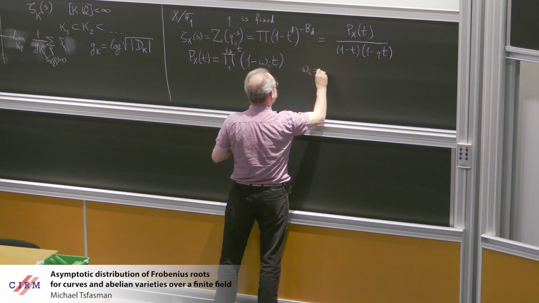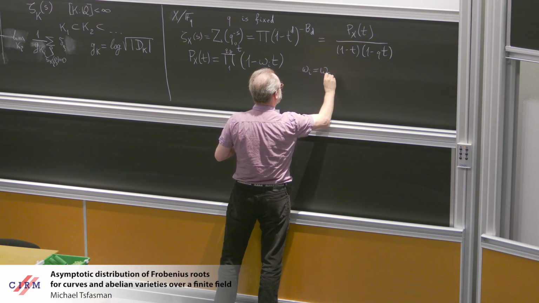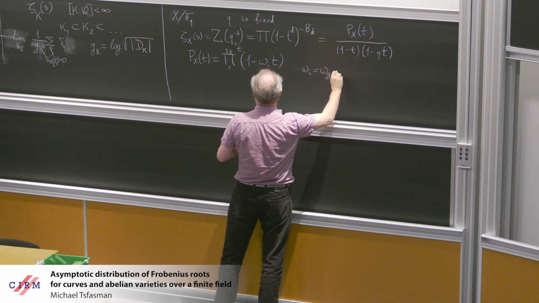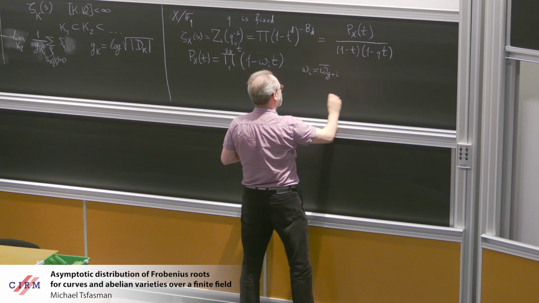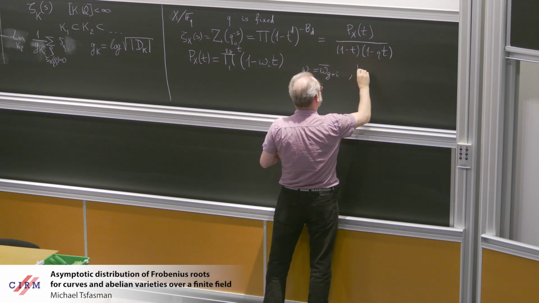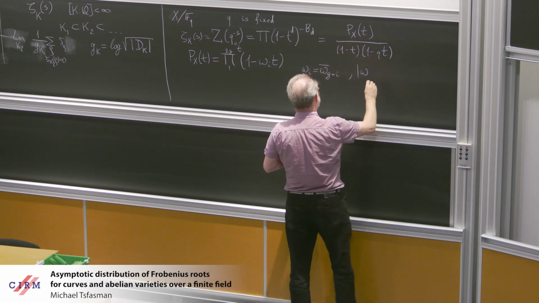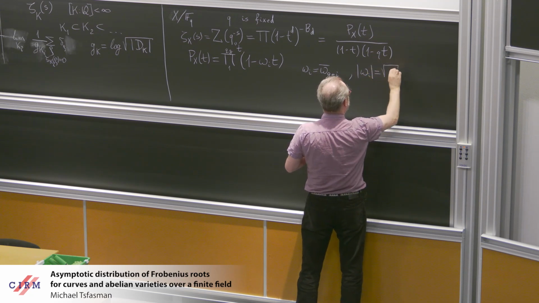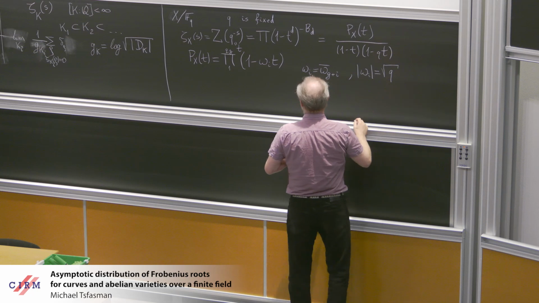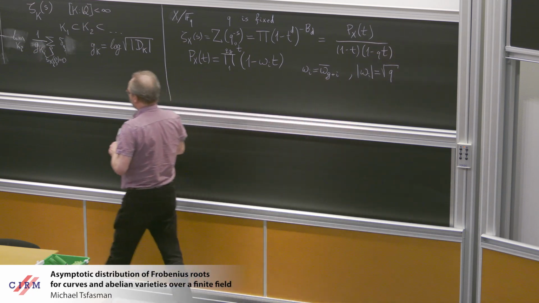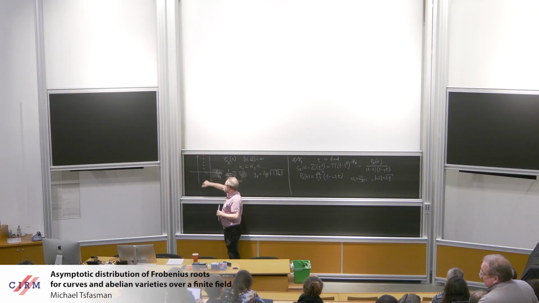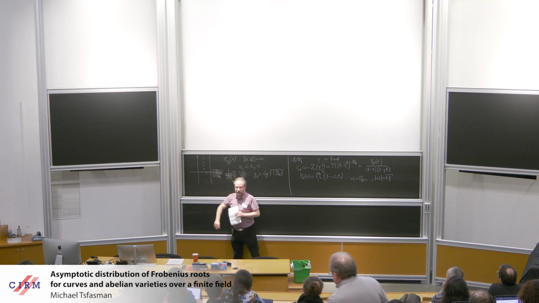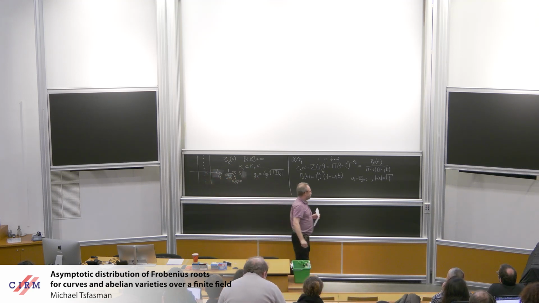I can write it like this, omega_{g+i} equals omega_i bar, and the Riemann hypothesis, which is proved in this case, tells us that the absolute value is square root of q, which corresponds to the fact that if you go to the s-plane, all the zeros are exactly on the line 1/2.